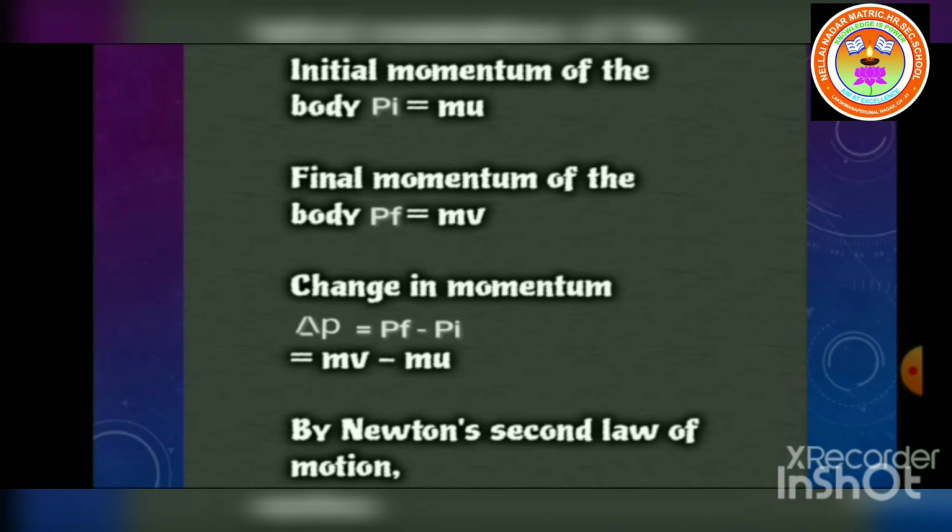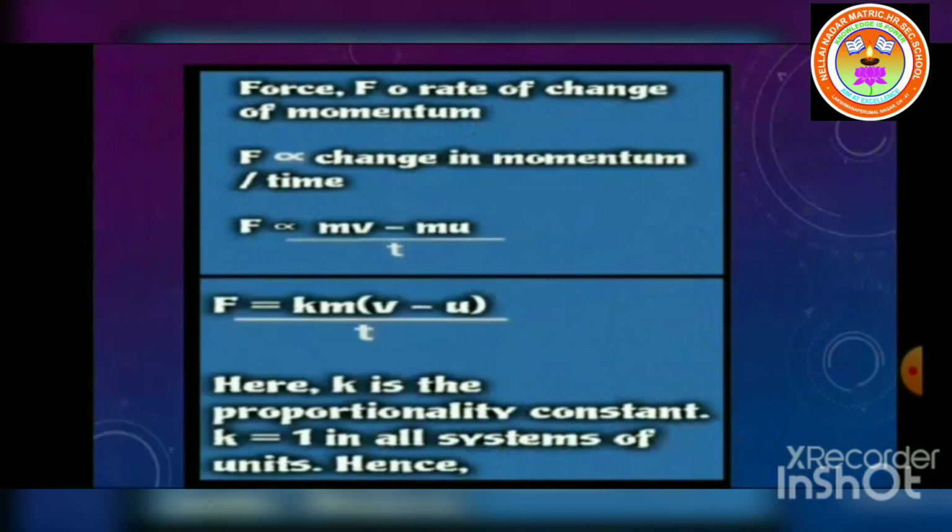By Newton's second law of motion, force is directly proportional to the rate of change of momentum. So force is directly proportional to the change in momentum divided by time. Change in momentum means delta P, that is mv minus mu.